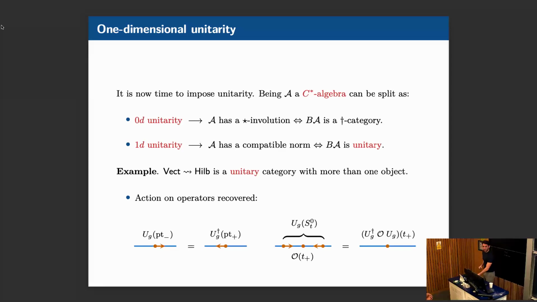Sorry. Yes. What are the simple objects on Hilbert? Well, you're not talking about simple here. So just understand the difference between Hilbert and Vect.